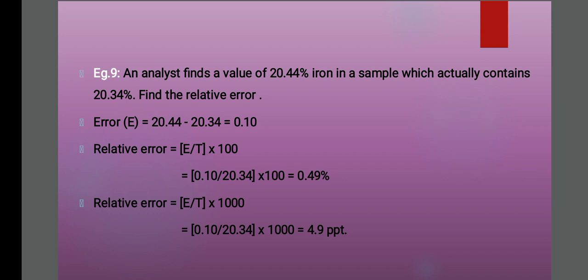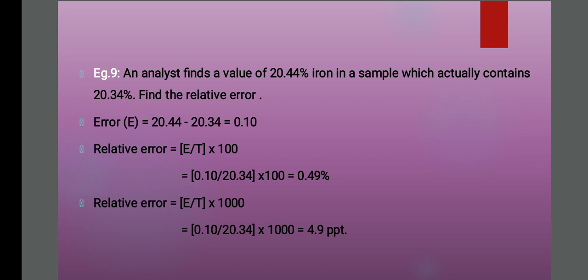We are going to calculate the relative error. To find the relative error, first calculate the absolute error. Absolute error is the difference between the experimental value and the true value. The value is found to be 0.10. Relative error can be expressed in two different terms: one is percentage, another is parts per 1000.